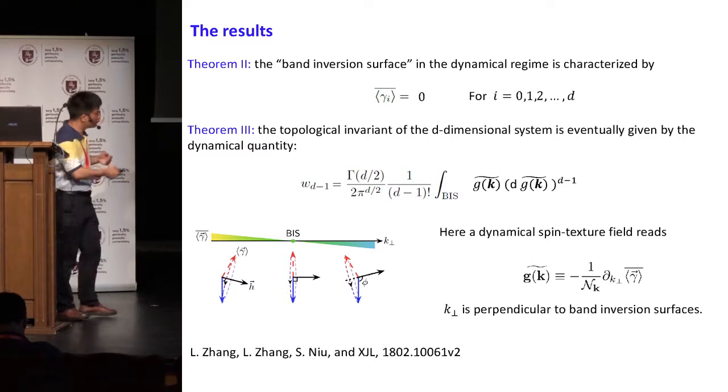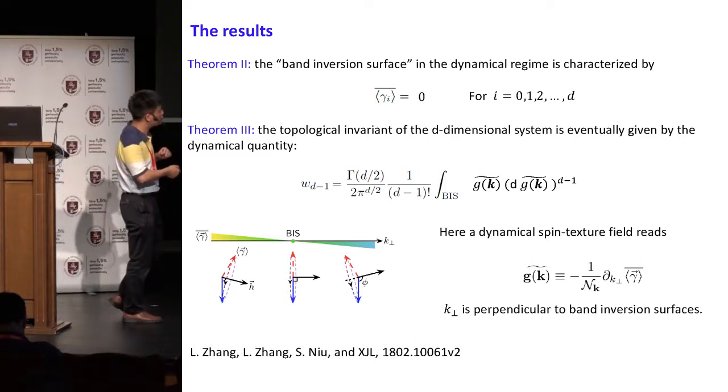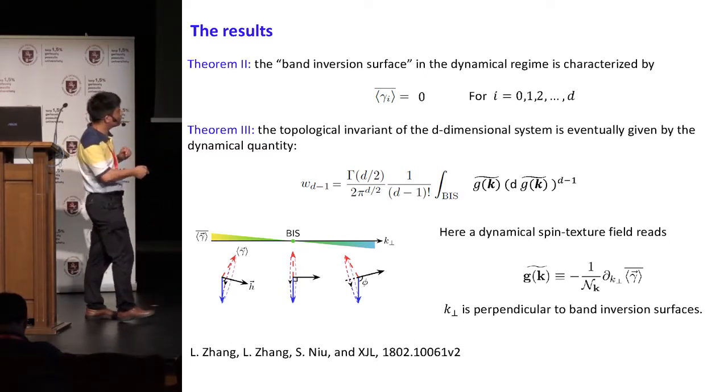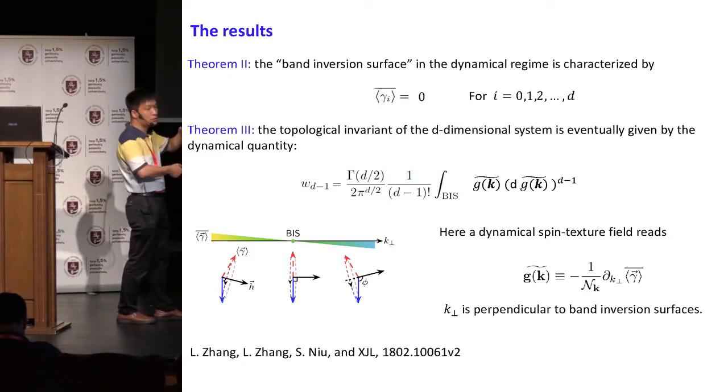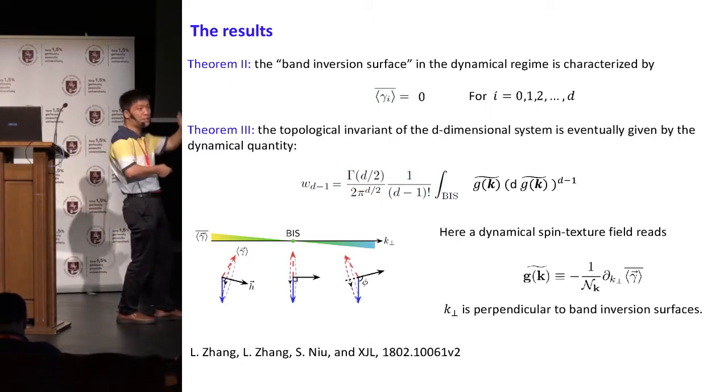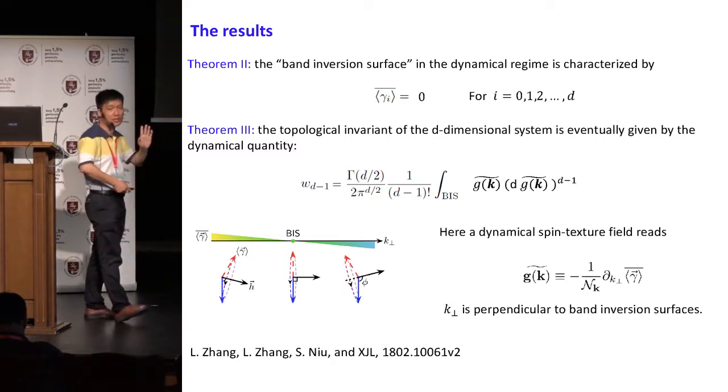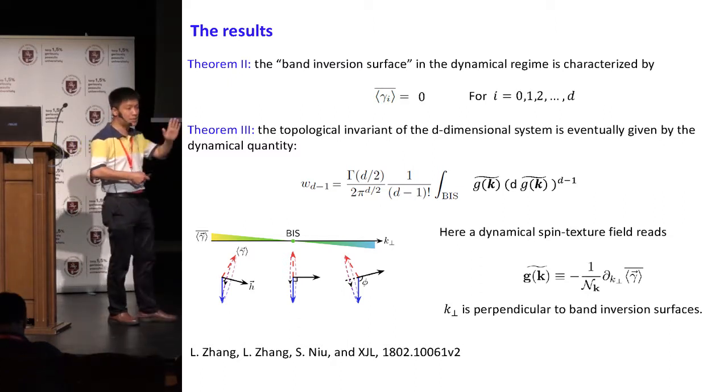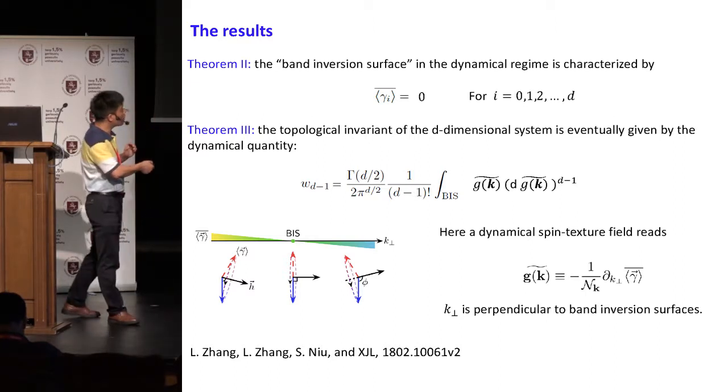So you define another vector field, which is the derivative of the time average of the spin polarization with respect to the direction perpendicular to this band inversion surface. This vector field characterizes the variation of the spin polarization from inside to outside, how the spin polarization changes.